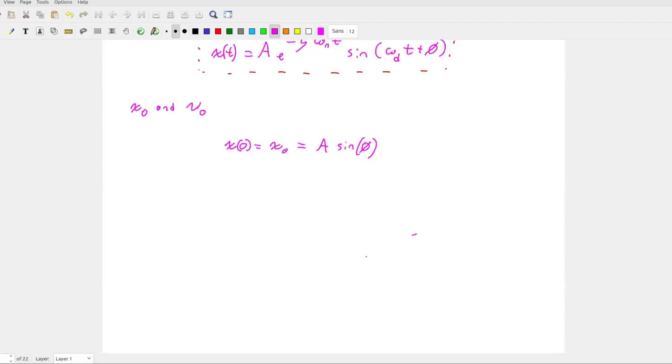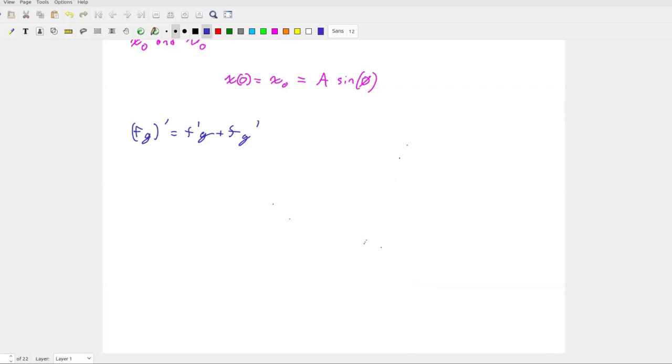We can take the derivative using the product rule. Thinking back to calculus, that's (FG) prime is equal to F prime G plus F G prime.